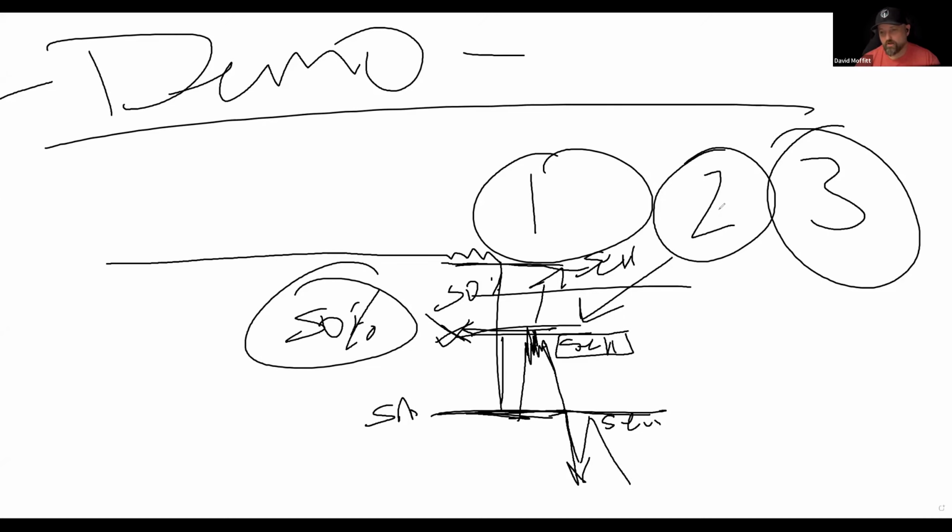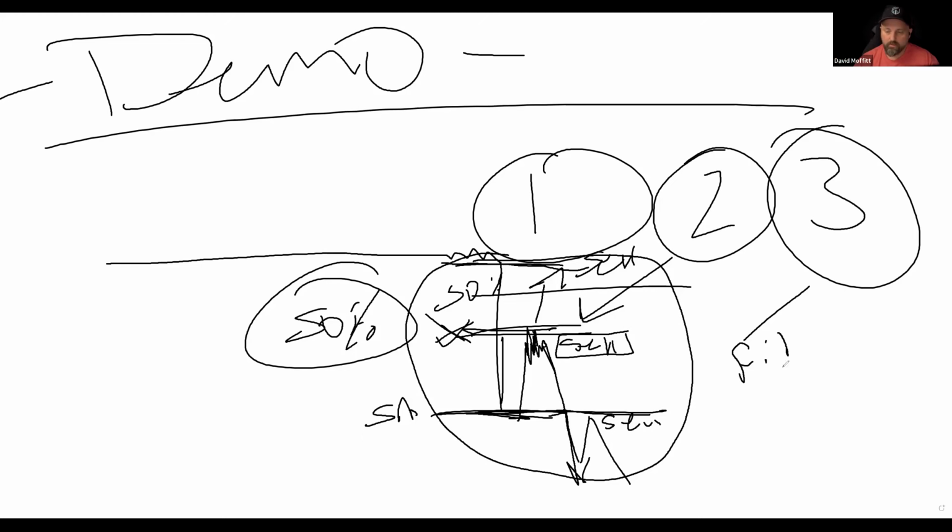The third piece that I do: as soon as all of this exits the market, and we got one and two done, then the third is I bring the fib.